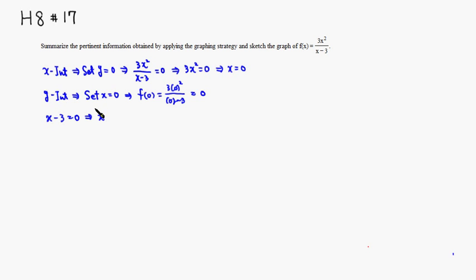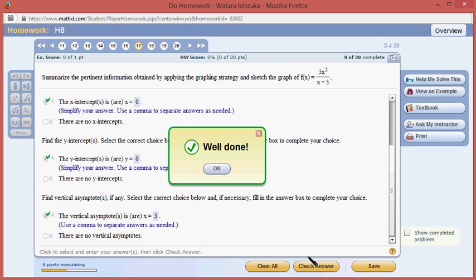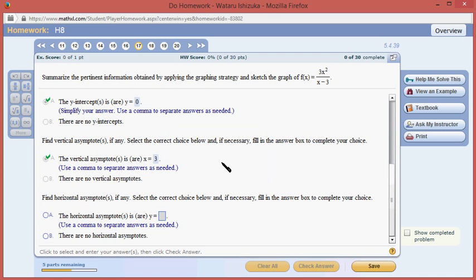Then by adding 3 to both sides, we get x equals 3, and this is the vertical asymptote. Let's type it in: x equals 3 is a vertical asymptote. Alright, we got that.